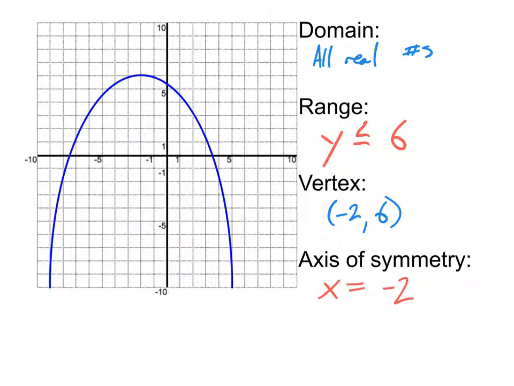And as you take a look at this, you might be wondering about some patterns that you might be seeing here. Like, for instance, you'll notice that the 6 from the range ended up also being 6 in the vertex. Is that always going to be true? If there is a vertex, yeah, that will be true, on this type of graph. What about this -2 here in the vertex?